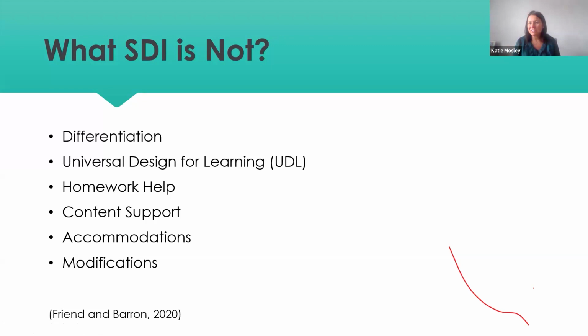Accommodations, as we just looked at, are different. They are more supplementary aids and supports. If we are teaching how to use those supplementary aids and supports, now we've got SDI. And modifications are not SDI either. So just remember that at the heart of special education is this SDI piece. It's really what makes it unique for our learners.